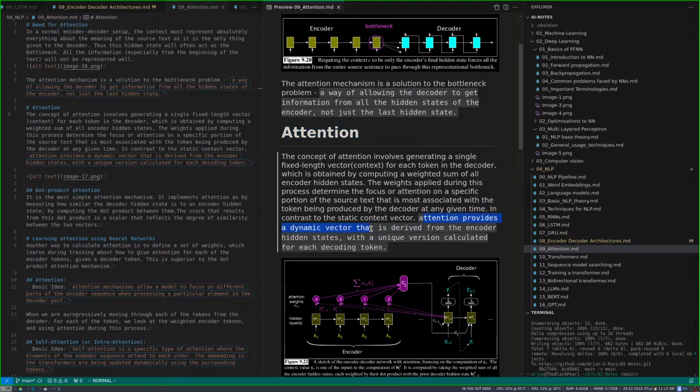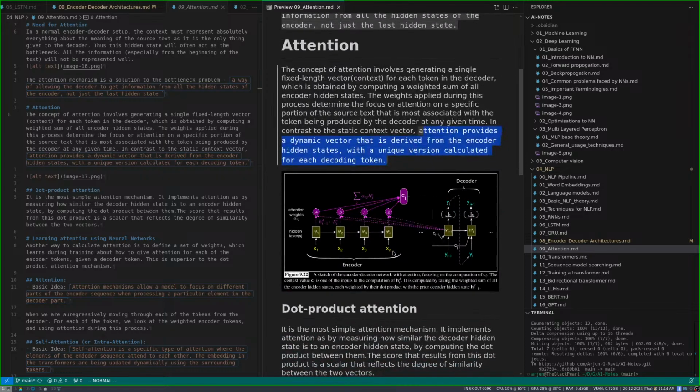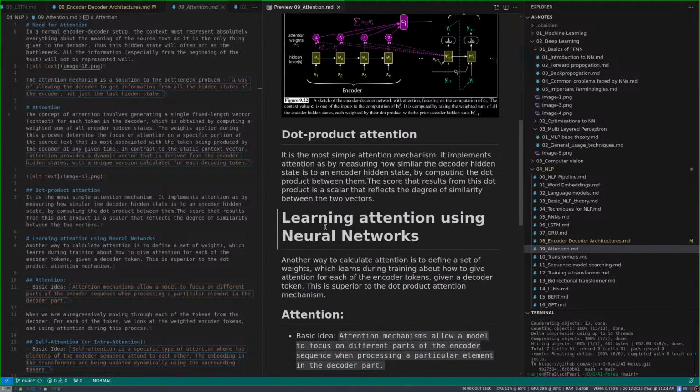Attention provides a dynamic vector that is derived from the encoder's hidden states, with a unique version calculated for each of the decoding units. Dot product attention uses the dot product to do that.